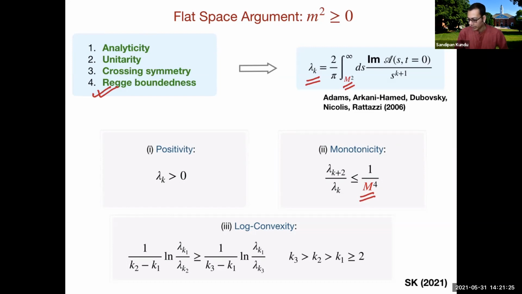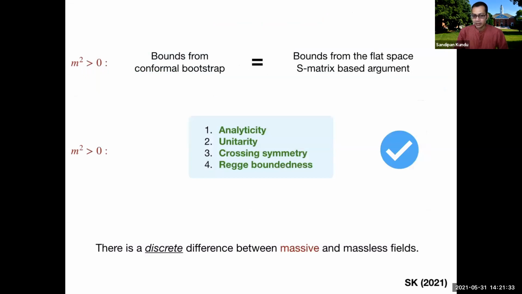So this gives the cutoff scale a very physical interpretation. So for massive external states, bounds from conformal bootstrap actually agree with bounds from the flat space argument. This should be regarded as strong evidence in favor of this set of assumptions about the 2-to-2 scattering amplitude.